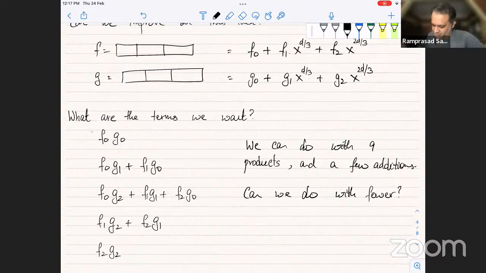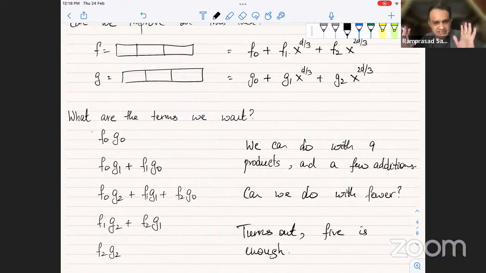And it turns out 5 is enough. Just like we did in Karatsuba, there is a way of writing down 5 different products such that all of the terms that you're interested in can be obtained using some weird linear combinations of these.